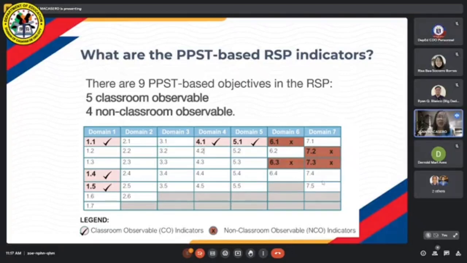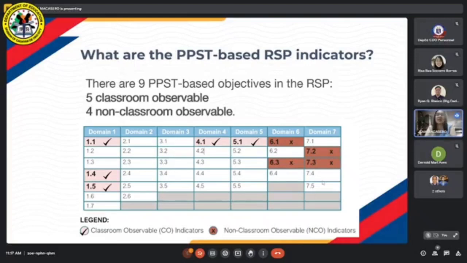Out of these 9, 5 are classroom observable, so we will be seeing these during your demonstration, and four are non-classroom observable. All the classroom observable indicators are checked there.